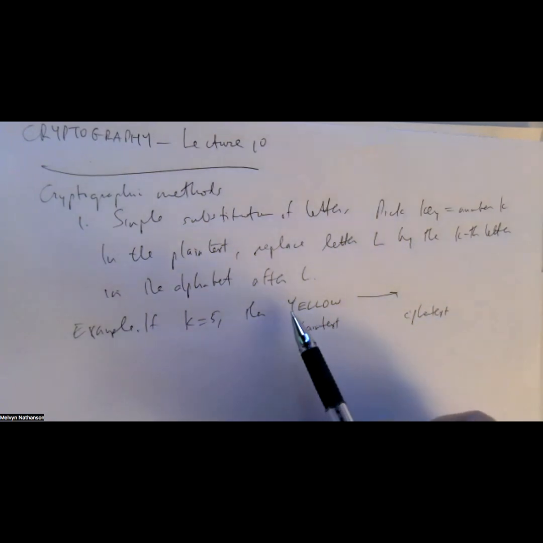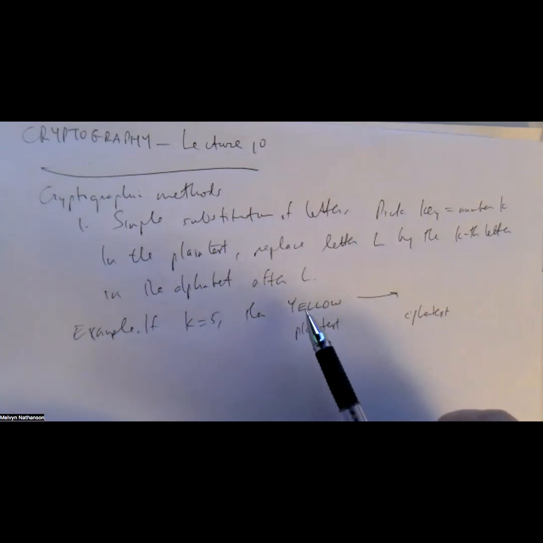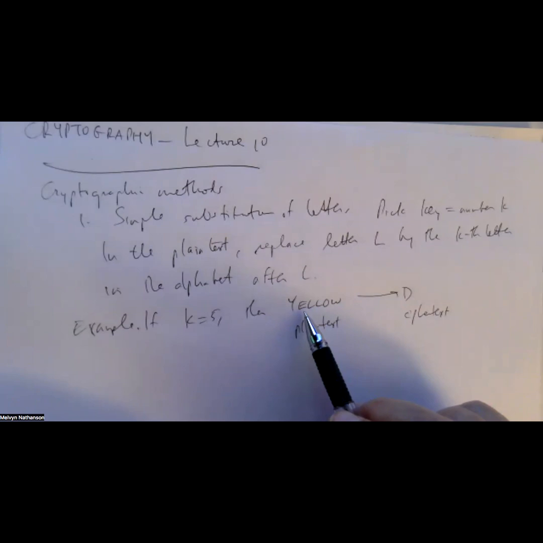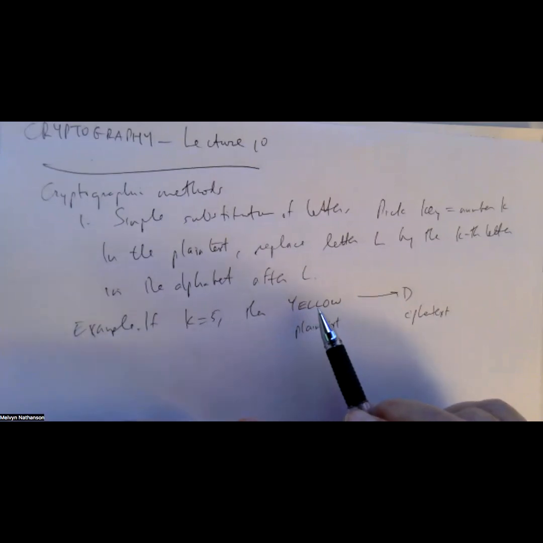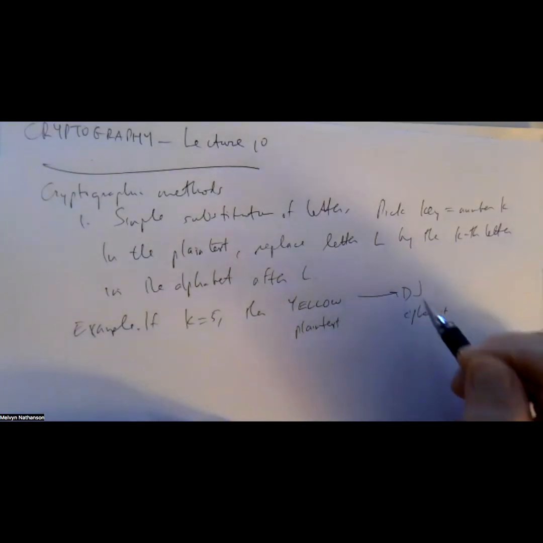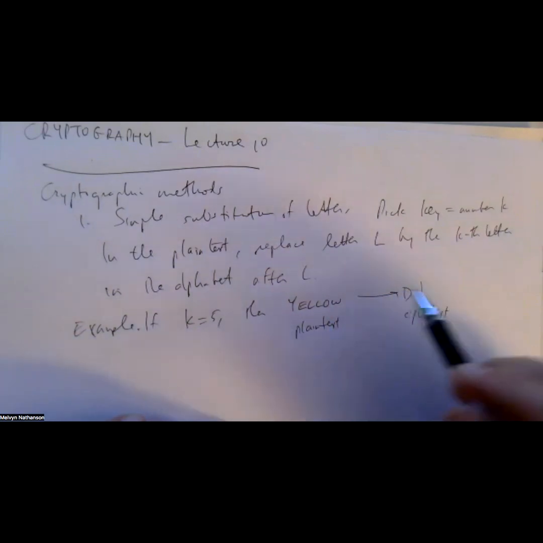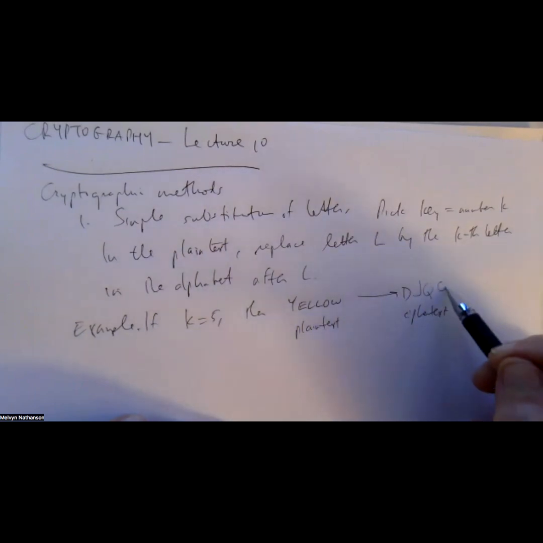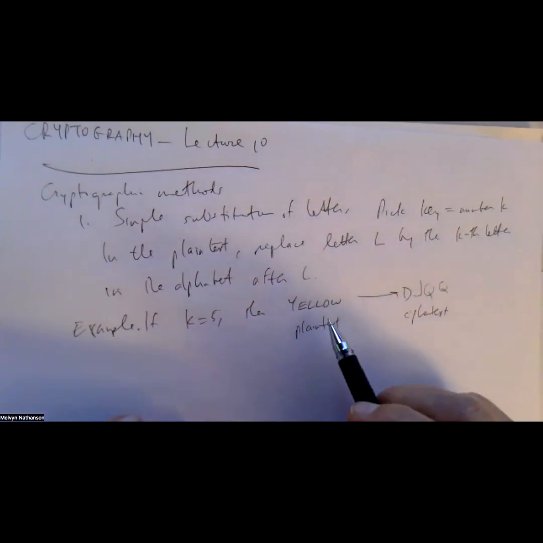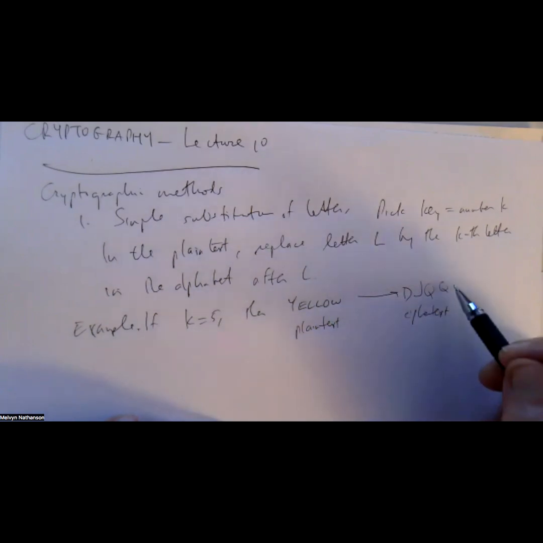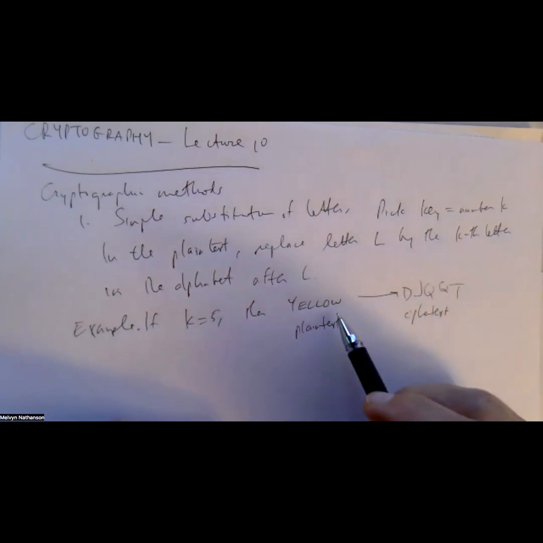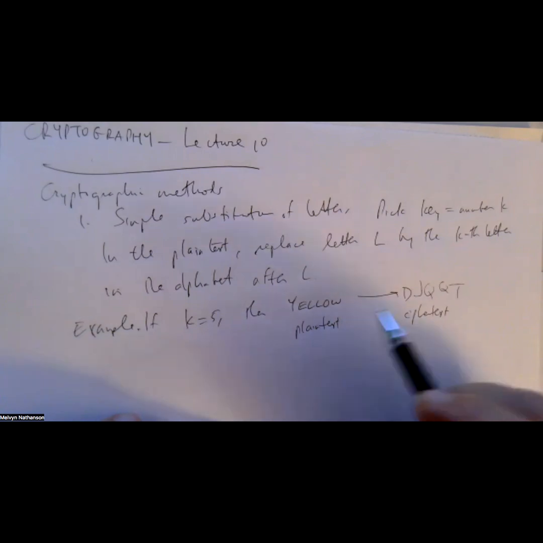So if you go in the alphabet and you go circularly, Y, Z, A, B, C, D. So the fifth letter after Y in the alphabet is D. What's the fifth letter after E? F, G, H, I, J. What's the fifth letter after L? M, N, O, P, Q. And we get another Q. The fifth letter after O: P, Q, R, S, T. The fifth letter after W: X, Y, Z, A, B.